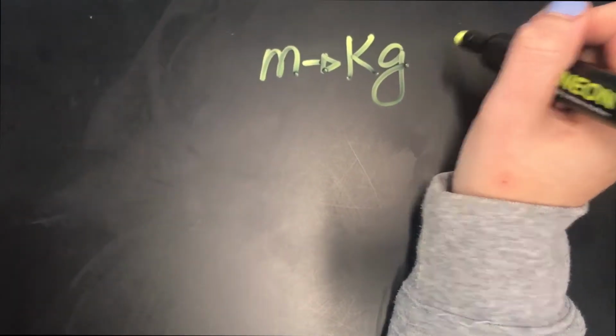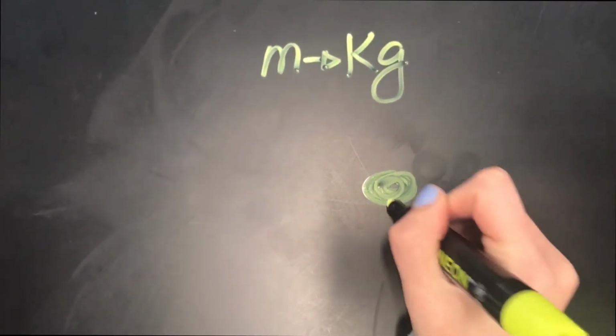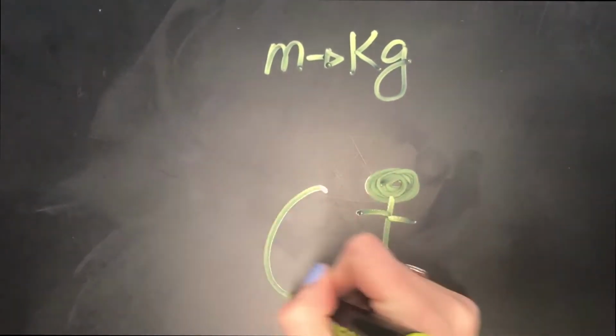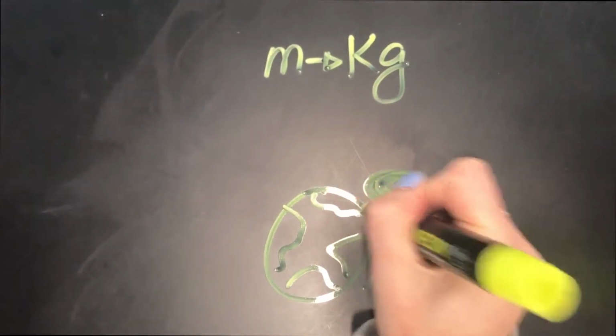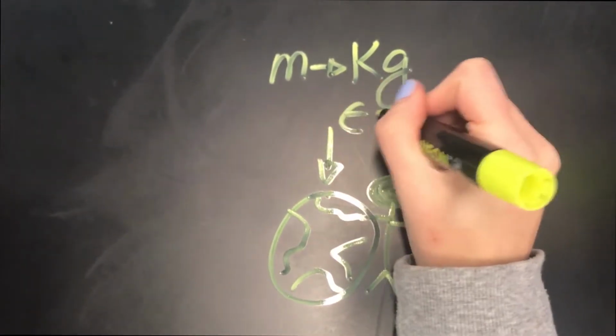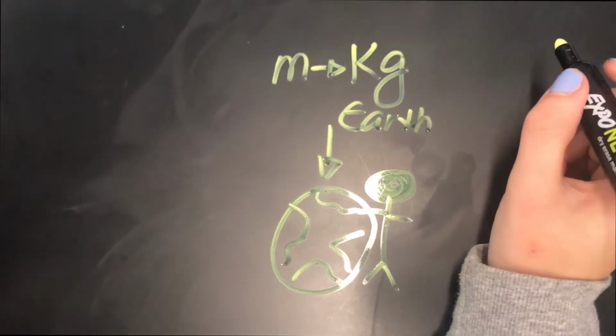So mass doesn't change in different places. For example, an astronaut is on Earth. That's Earth. And he goes after to the moon.